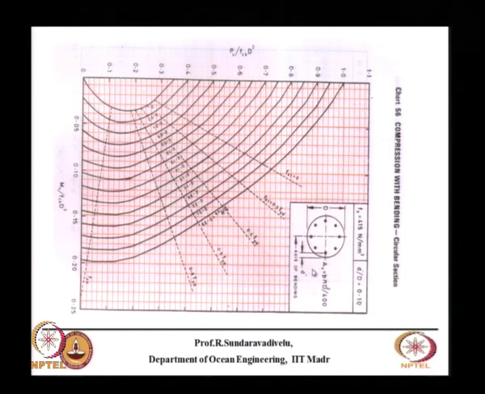What it finally gives is the percentage of steel. These numbers marked here are p by fck, the percentage of steel divided by the strength of concrete.